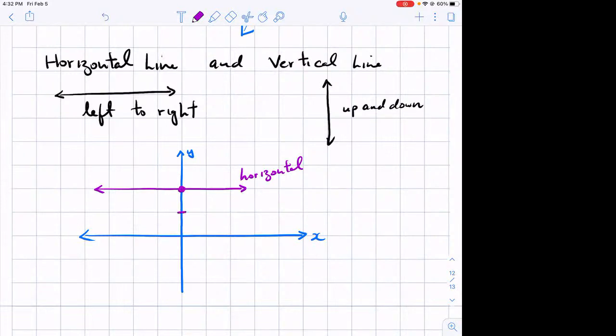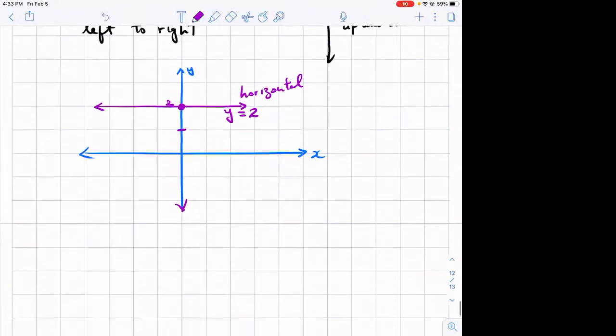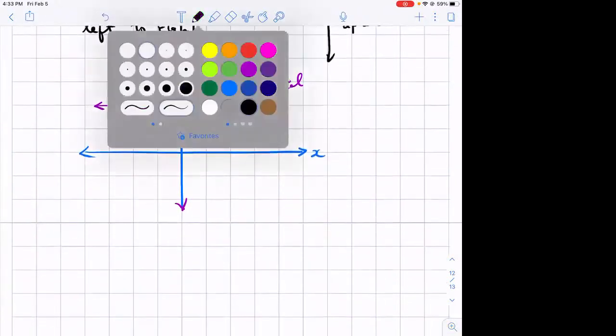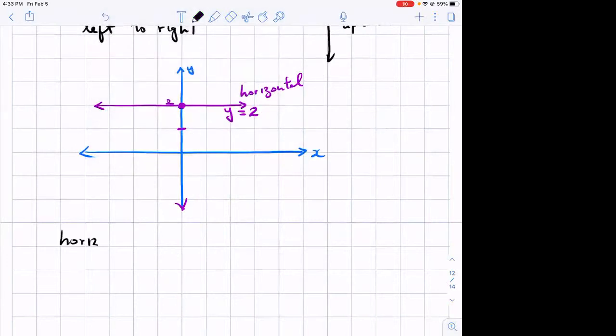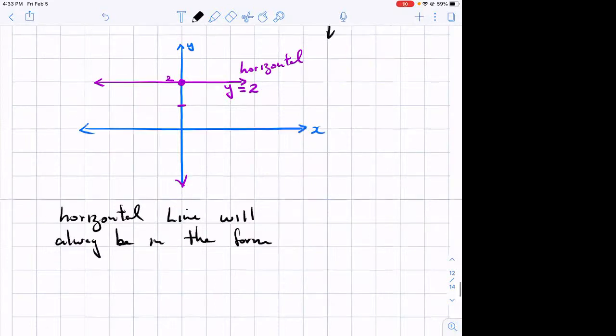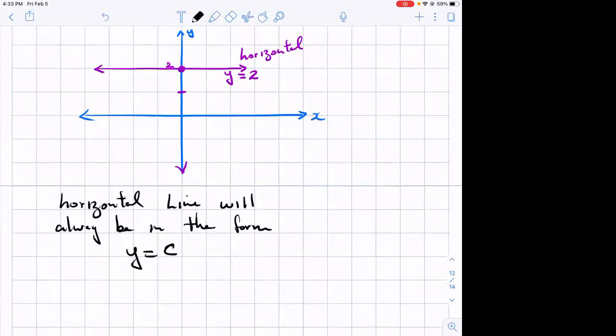So if this is 1 and this is 2, then the equation will be y equals 2. Okay, so a horizontal line will always be in the form y equals some constant c.